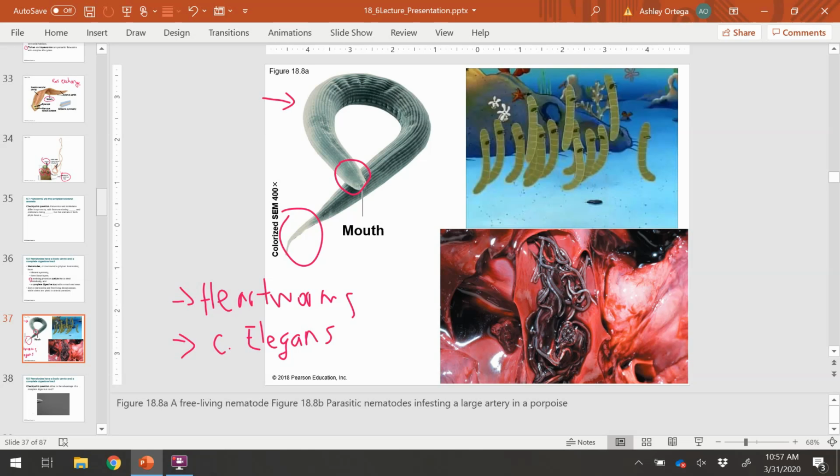So of all the nematodes, scientists picked the one that's free-living to dissect and to investigate. C. elegans is one of the few that's free-living, that's not going to be a parasite, and it's also a model for research in the scientific community.